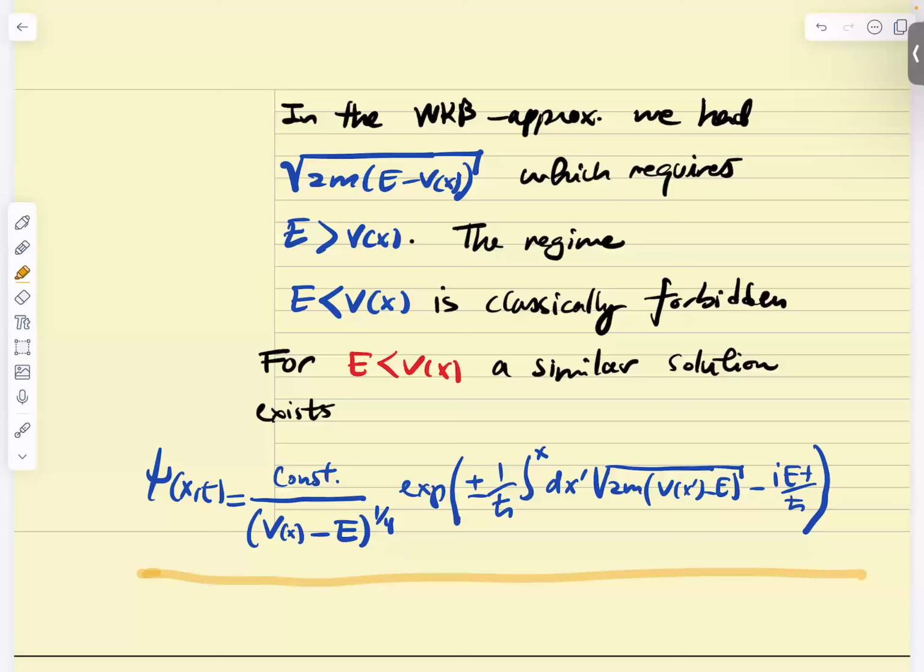This is E, at these two points, which I'm going to call x1 and x2. Something significant happens. Above it is classically forbidden. Below it, that's right, below it is allowed.